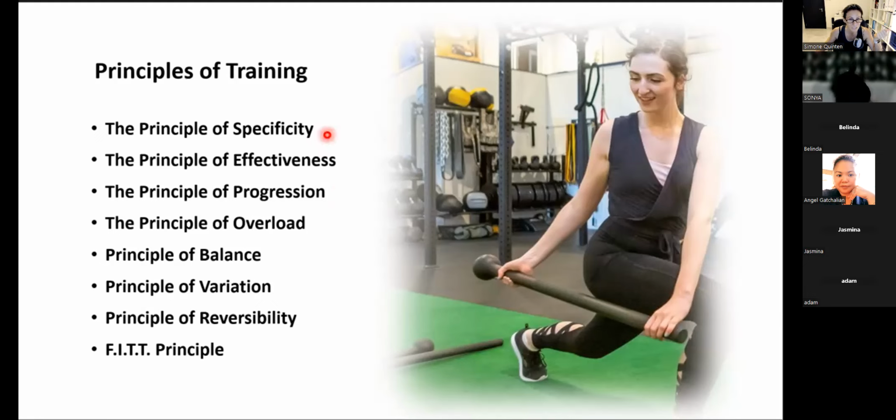Specificity is as the name says. If you are in school and you have a math exam ahead of you, you will prepare yourself, you will train what is 2 + 2 = 4, because it's math, and you're not going to go and study for history, for example.